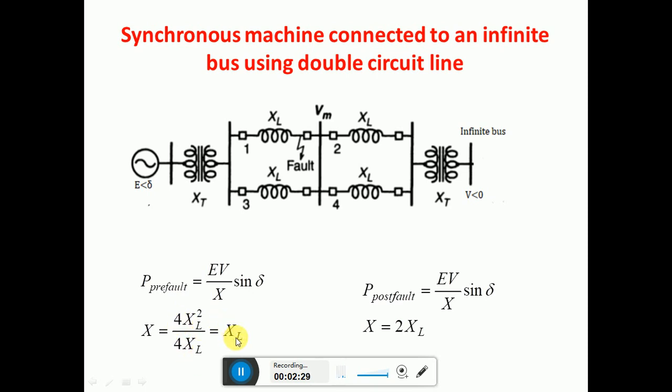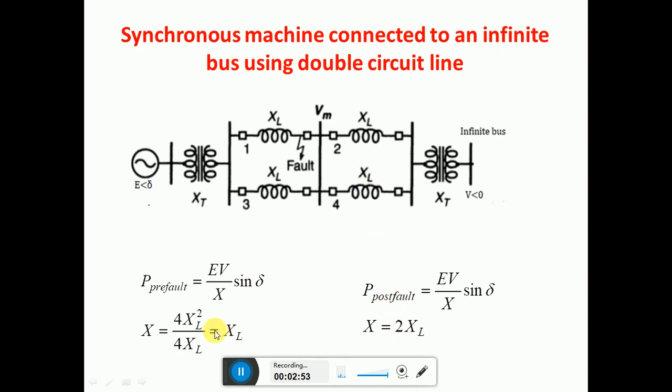Now after fault, this is the post fault. This expression is the same, but X is different in this case, because after the fault is removed, the faulted line is removed from the circuit. At that time only one line will be there, so we will have a reactance of 2XL.